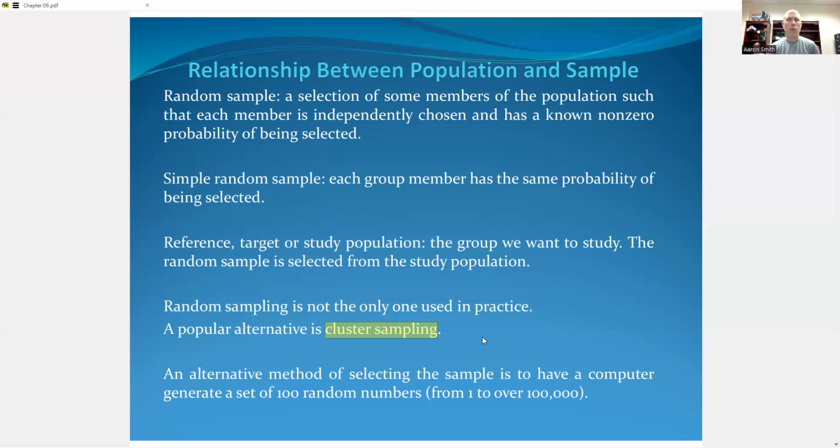And there are tons and tons of variations on this. Every field that uses statistics uses slightly different terms for this. Really, our true goal is to have our sample data reflect the population of interest as much as possible. We don't want to have things skewed in one way or another.